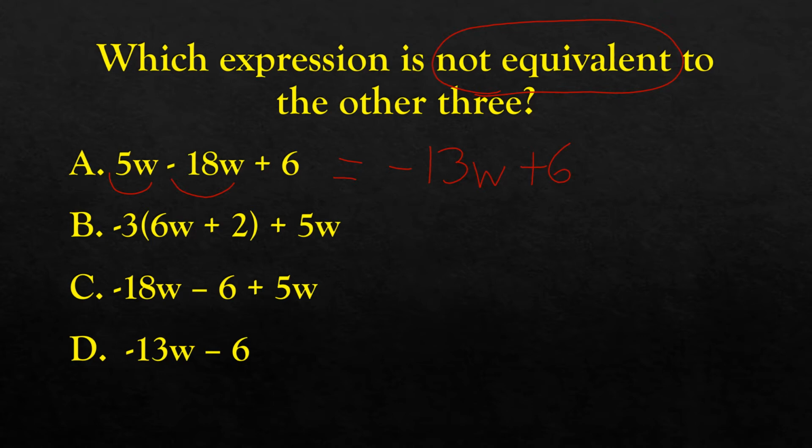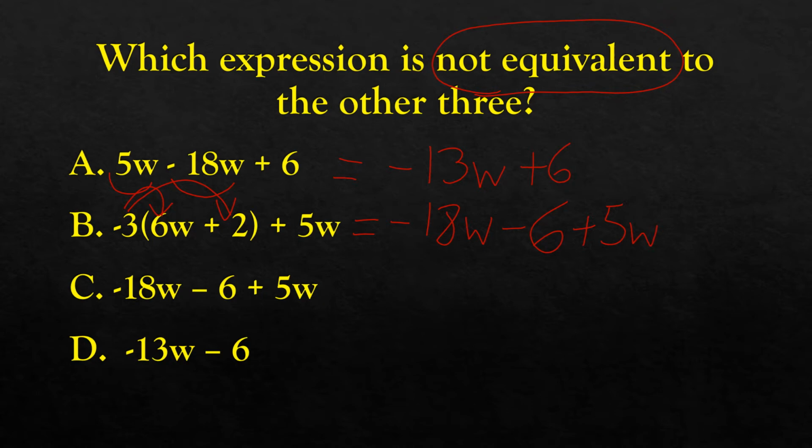Great job. Distributive property. We do negative 3 times 6, which gives you negative 18W, and negative 3 times 2, which gives you negative 6. And then we also have our plus 5W.